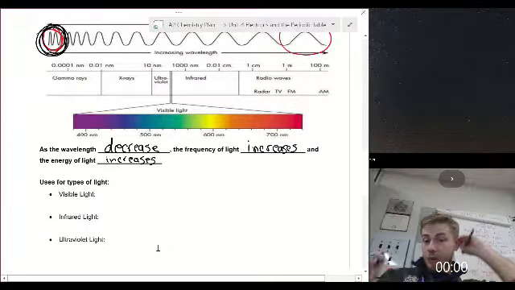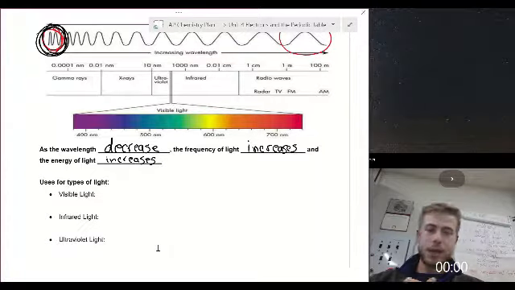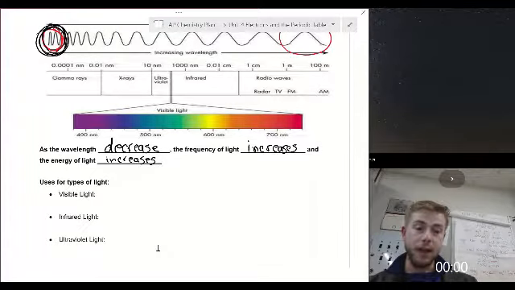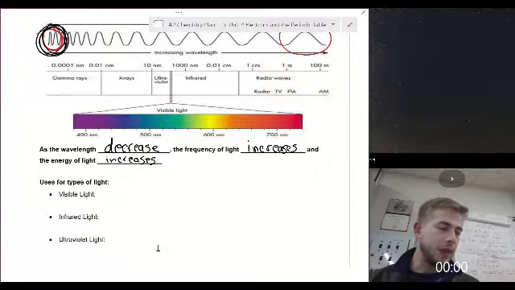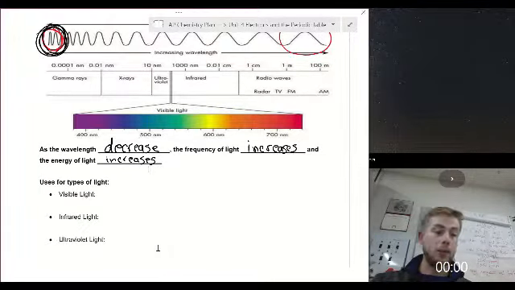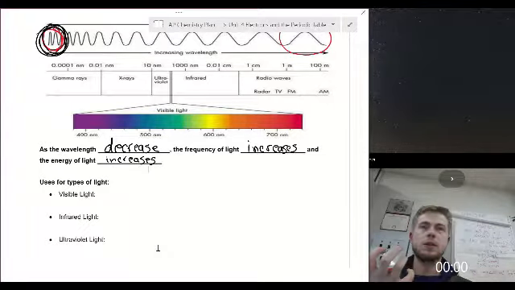So, uses for types of light. One of the things the AP exam wants you to know specifically are some uses for various types of light. We're going to go over visible, infrared, and ultraviolet and why they're useful. Visible light specifically, because we can see it, and if we think back to when we were talking about molarity, we know that the more concentrated something is, the more solute particles are in there, the darker it looks.